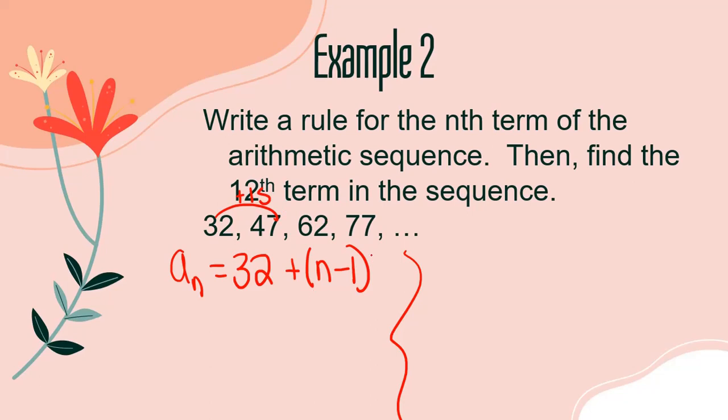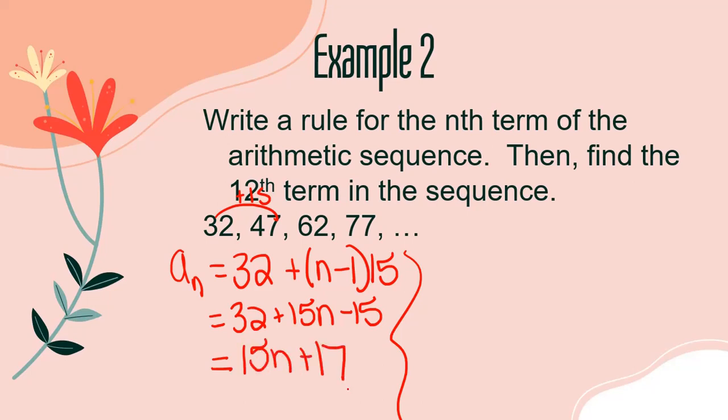Yeah, this will be 15 here. So I'll distribute 15 in. And 32 minus 15, I'm going to say it's 18. 17, that's why Marsh uses a calculator. So my answer would be 15n plus 17.